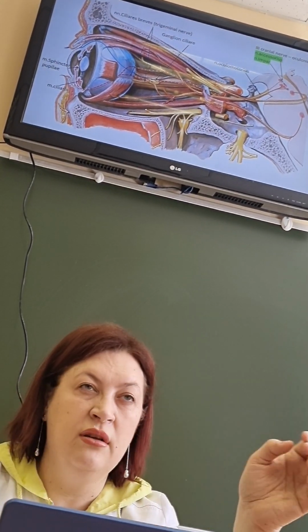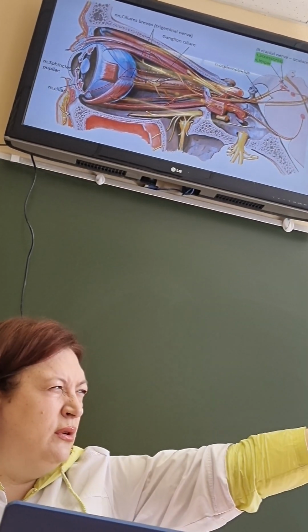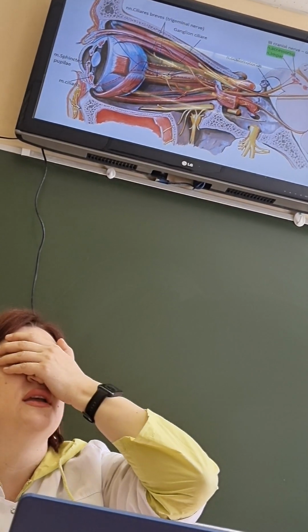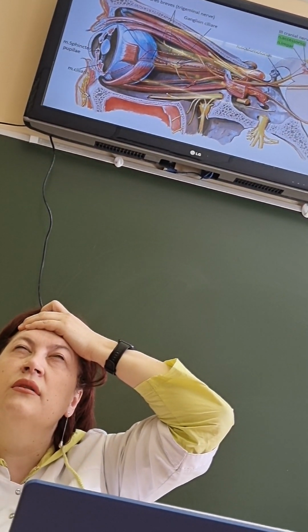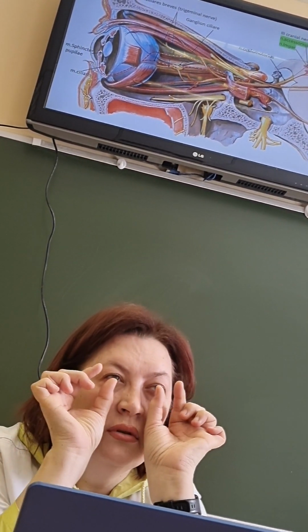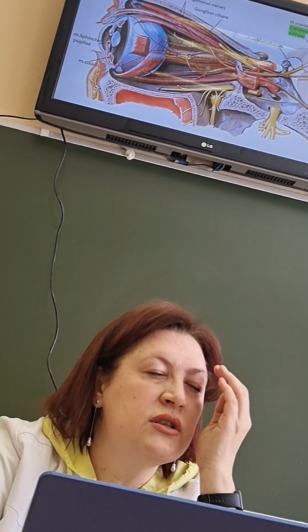But students, if you see more light, on the sun for instance, your pupil is narrow, constriction.